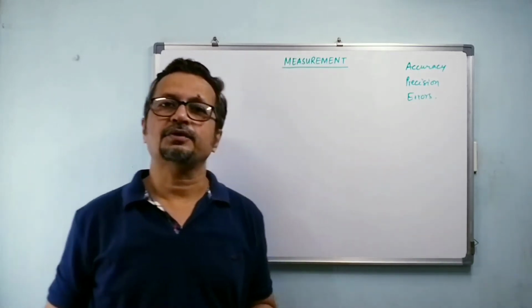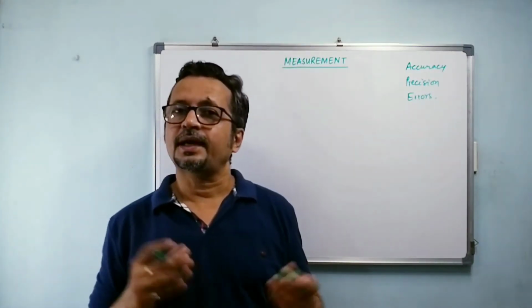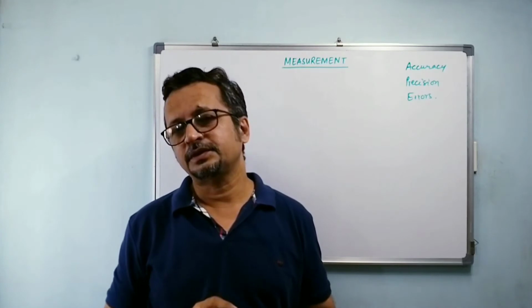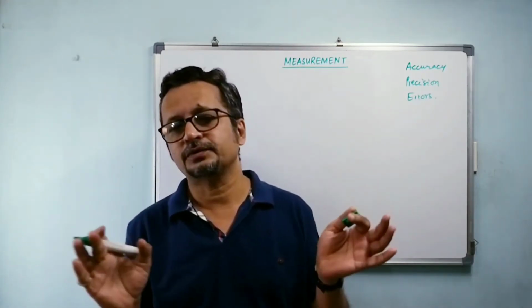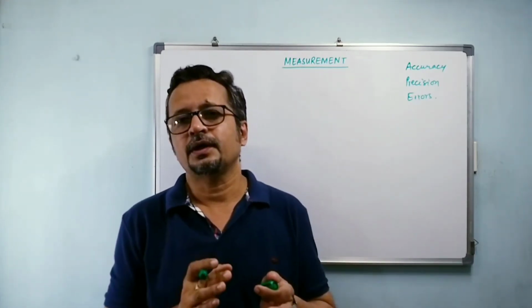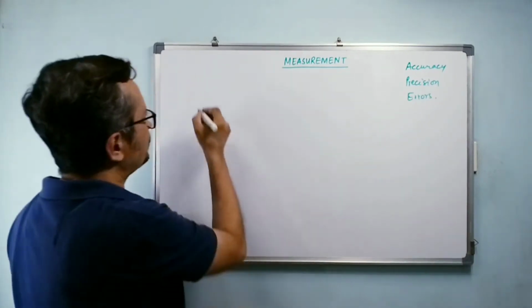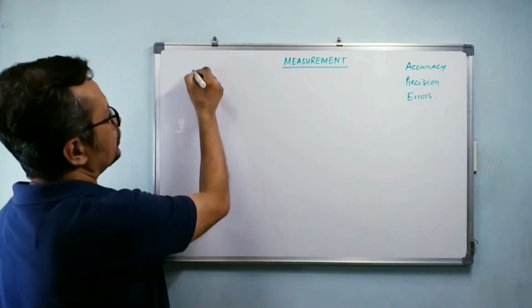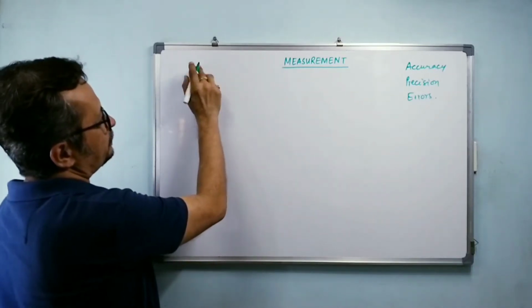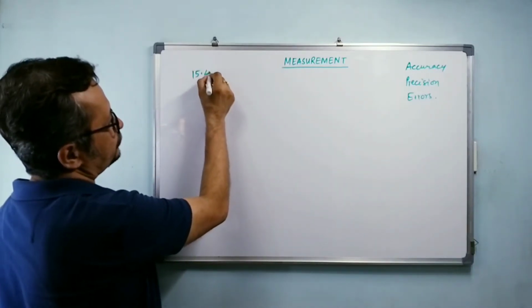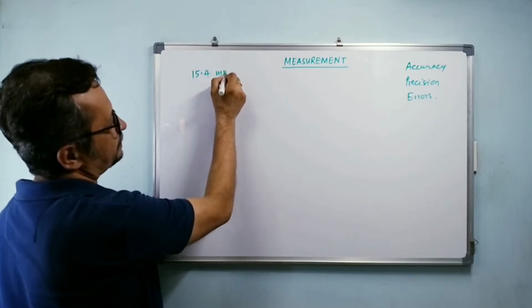Now what is accuracy? What is an accurate measurement? An accurate measurement is the one which is very close to the true value. Now this true value is something that someone may tell me. For example, the cap of this marker has a diameter of 15.4 millimeter.